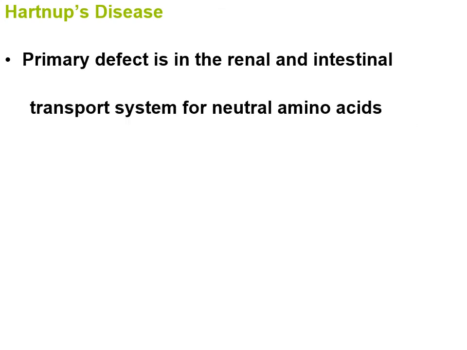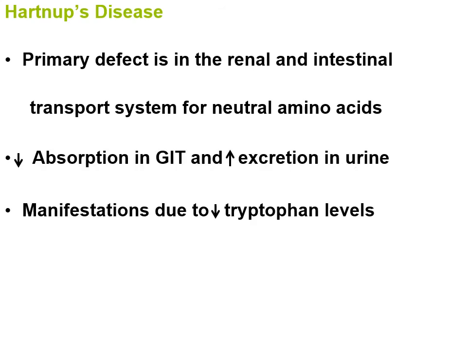Next disorder is Hartnup's disease. Here there is a defect in the renal and intestinal transport system of neutral amino acids. So there is decreased absorption of neutral amino acids in the GIT, and there will be increased excretion in the urine.